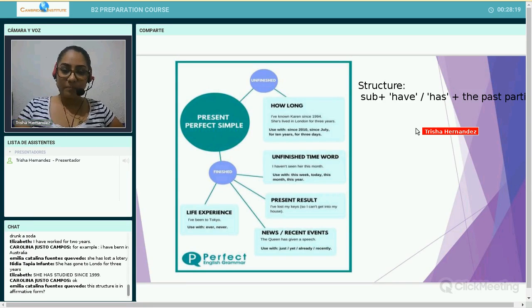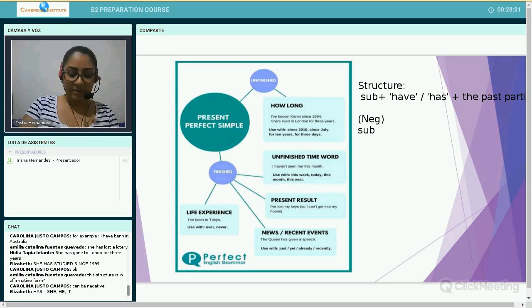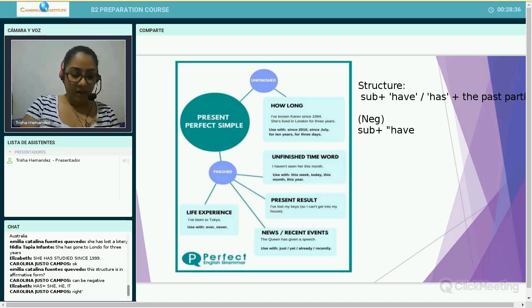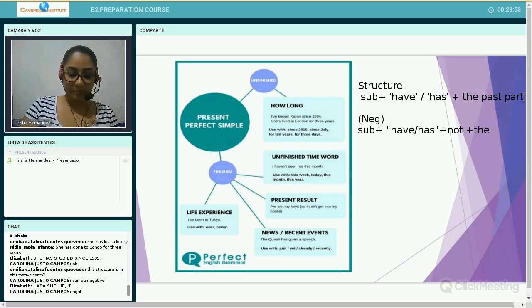This is for the affirmative form. The negative form is subject plus have, has, because it depends on the subject, plus not, plus the past participle.